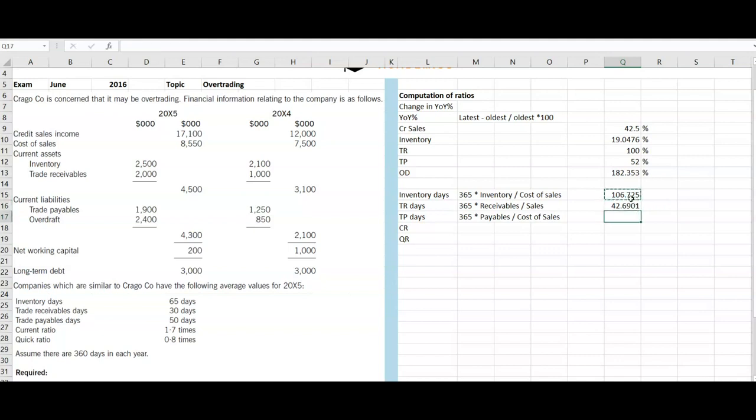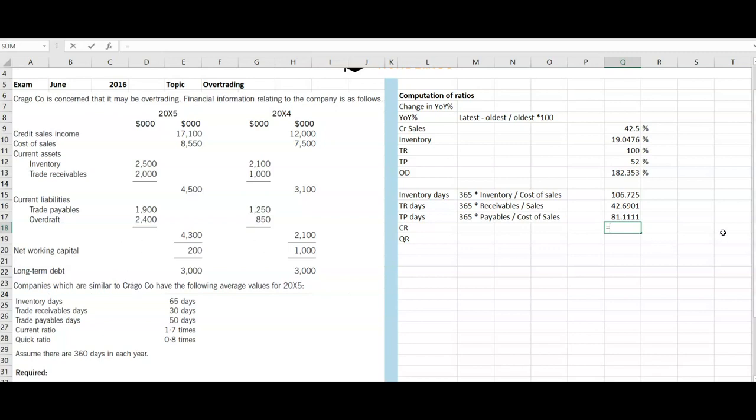We'll take the same inventory days number. So payables is 1900 divided by cost of sales. It's already there, so we got the number. Okay, so this is an amount. So we'll also work out the current ratio.